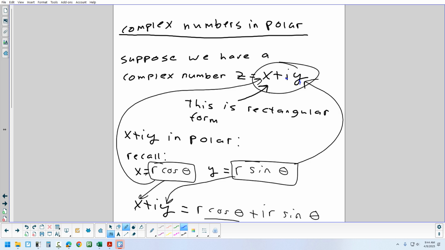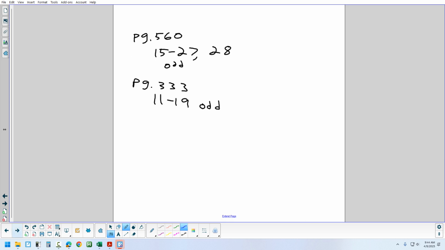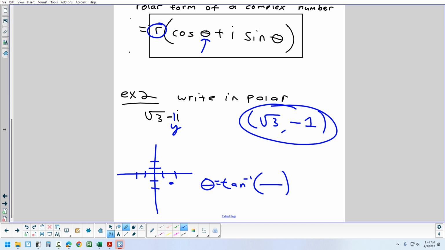Y, i. And what's my x in this case? Nope, not 3. Root 3. So negative 1 is my y, and root 3 is my x. It's exactly like you would do from yesterday.